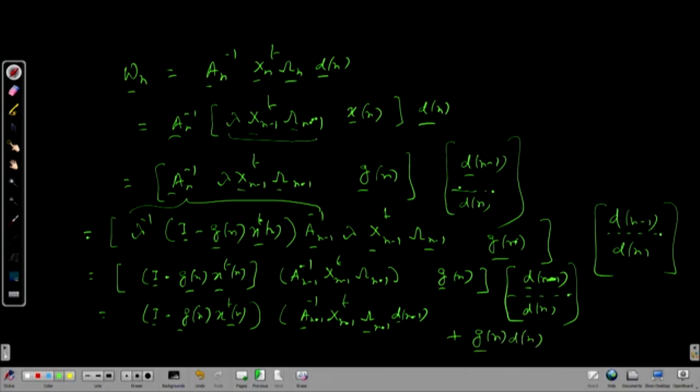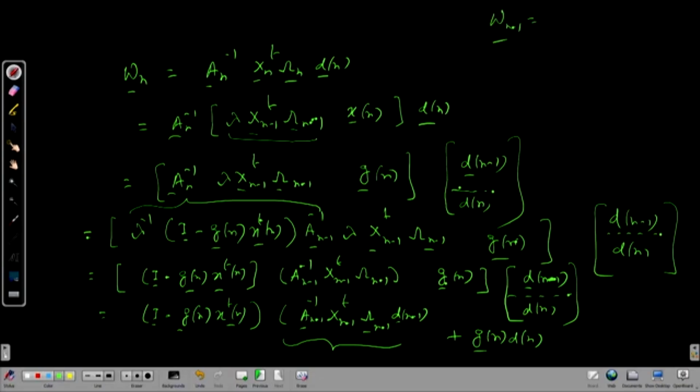We have already seen how to multiply block matrices. So, this is one block, this is one block. So, this column vector, which is also a matrix, is divided into two blocks, one block and another, which is scalar. So, g n times d n and this times this. Okay. Now, remember one thing, what is this? If this is W n, what is W n minus 1?